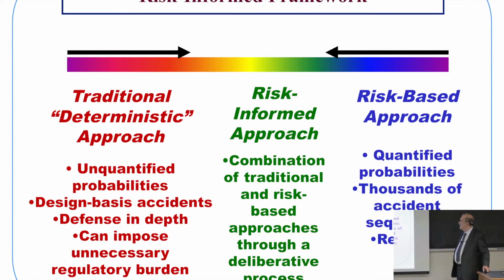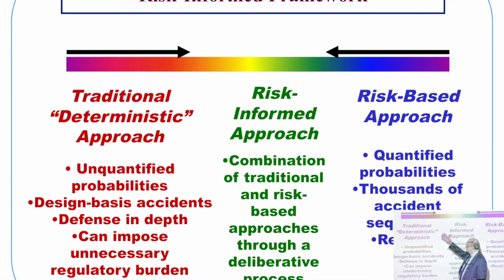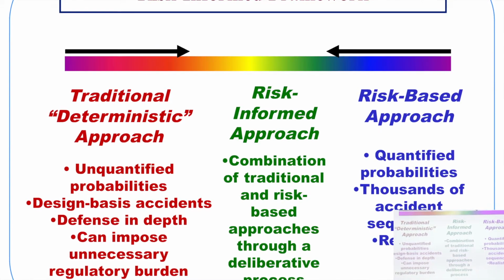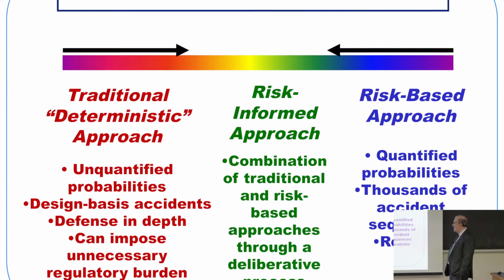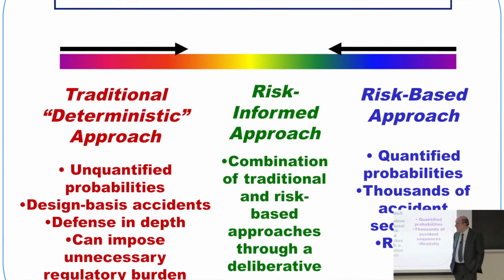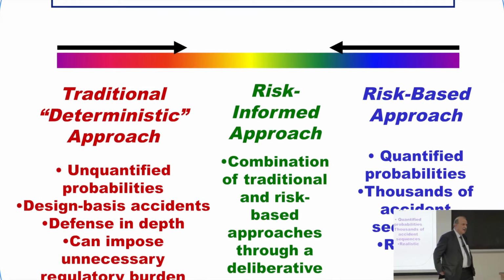And here is what we mean by that. In the traditional deterministic conservative approach, the probabilities are not quantified. You rely a lot on the limited number of design basis accidents, but you implement defense in depth, and the downside is that you can impose what is called unnecessary regulatory burden.